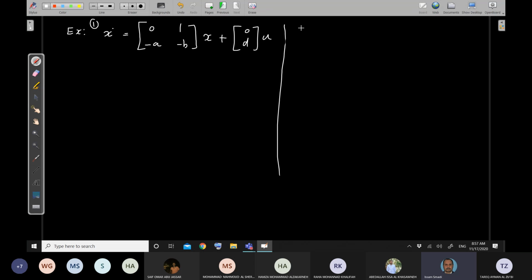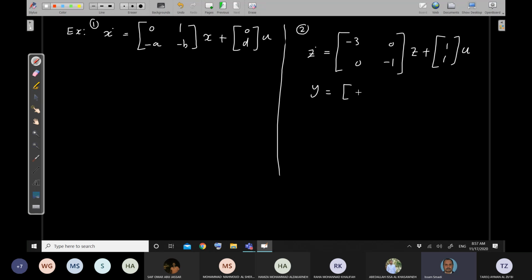And I'm having the second representation, which is Z dot equals [minus 3, 0; 0, minus 1] Z plus [1; 1] U. And here I will write Y also. It's [minus 5, 5] multiplied by the Z.